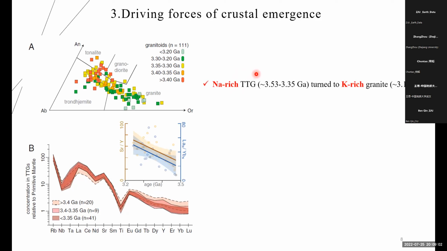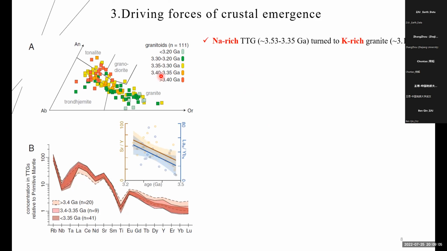So they plot the chemical composition of the TTG in this plot, and found that there's a transition from older TTG, that is sodium-rich TTG, into younger potassium-rich granite during this period.